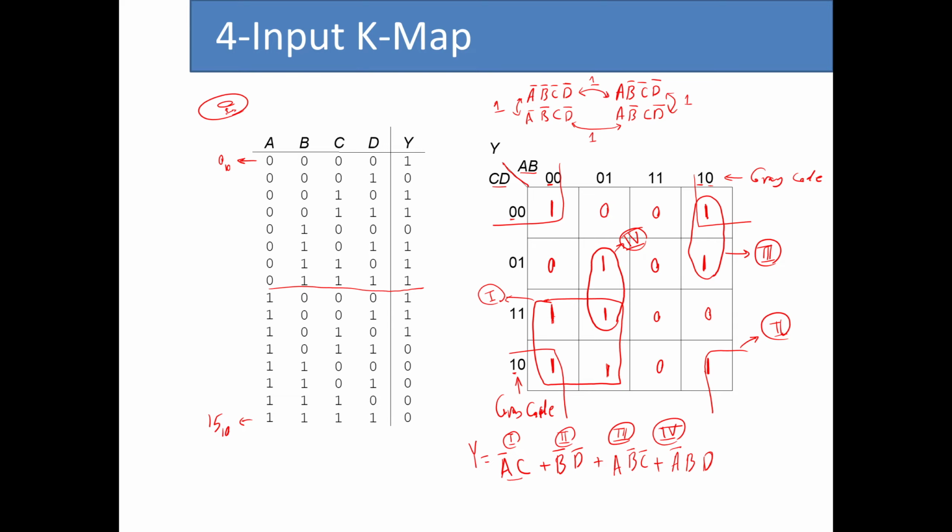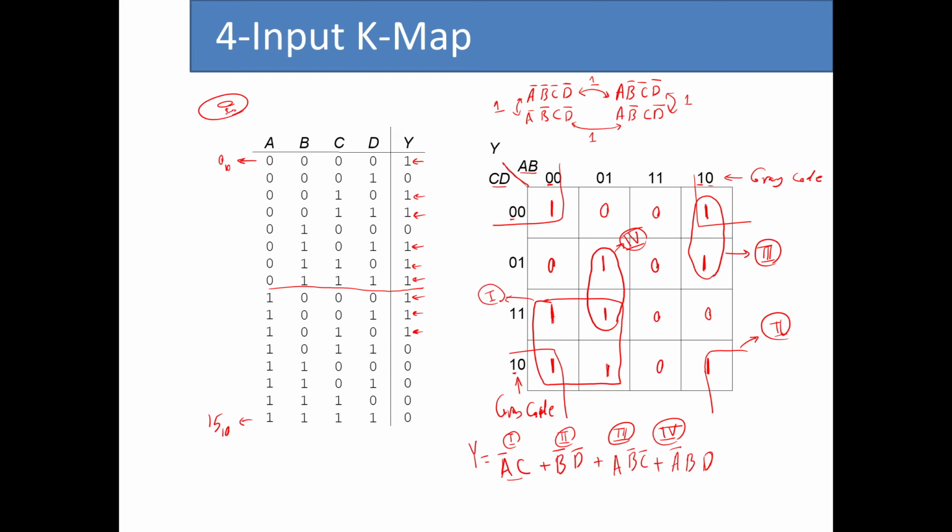What if we wanted to use the sum of product form to implement this function? How many terms did we need? 1, 2, 3, 4, 5, 6, 7, 8, 9 terms. So if we wanted to use the simple sum of product form, we needed 9 terms to represent this function. And each one of these 9 terms was a 4 input AND.